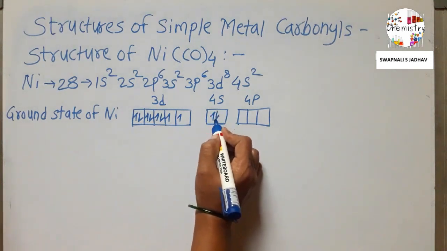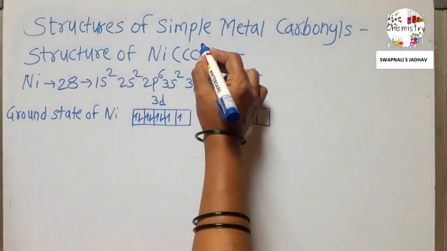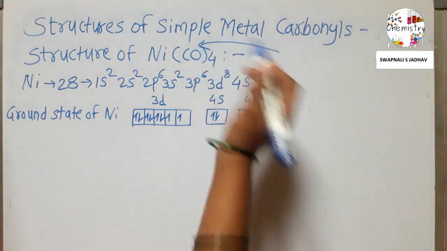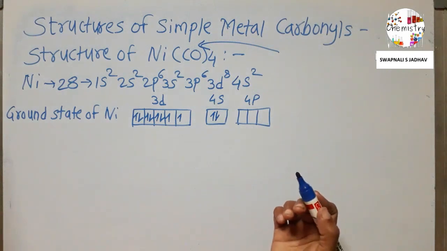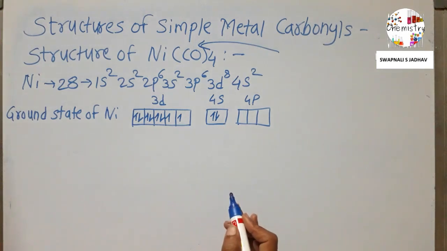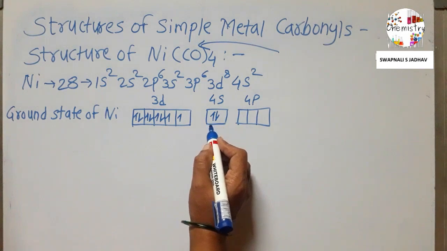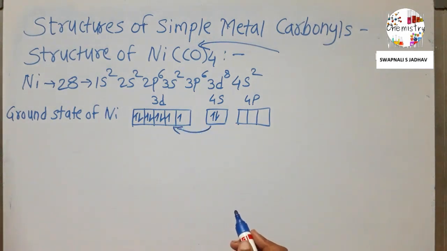That is 2 electrons. So how many carbonyl groups are present? 4 carbonyl groups are present. So it is assumed that as 4 carbonyl groups come nearer and nearer to the nickel atom, the 2 electrons from the 4s orbital are forced to pair into the 3d orbitals.